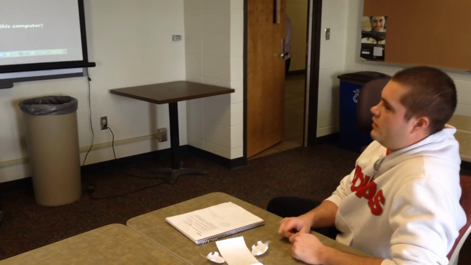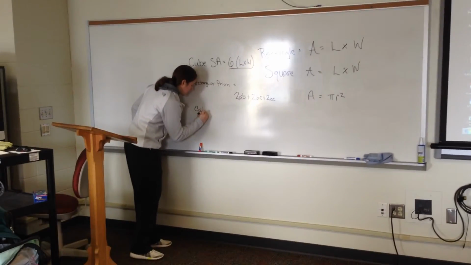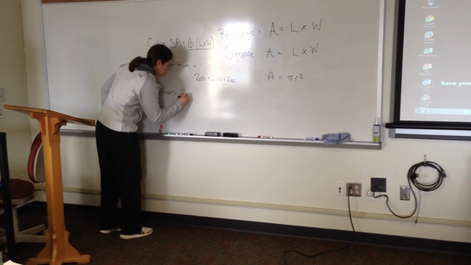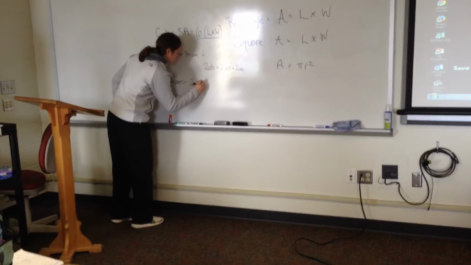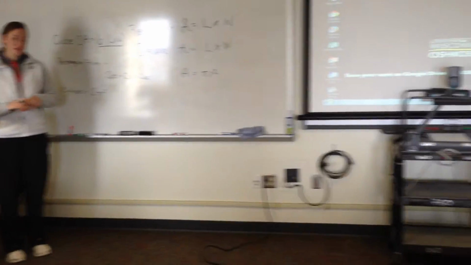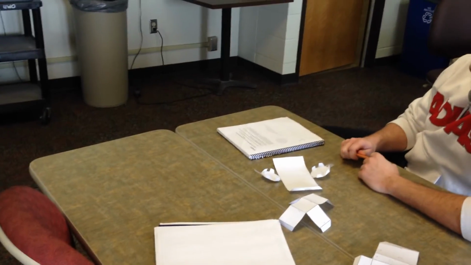How do you think we're going to incorporate the two circles into the surface area formula? You would multiply 2 times pi r squared. Perfect. And then, what do we have left of the surface area? This rectangle. And how would we incorporate that?